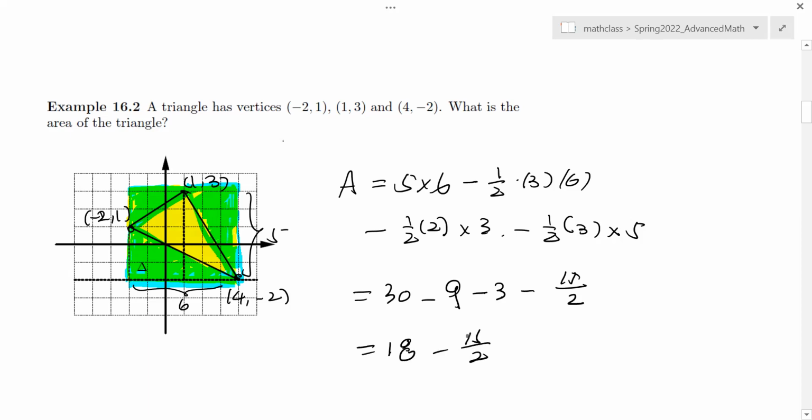Finally, it's going to be 21/2. So that is the answer: 21/2. Just use subtraction. Got it? You can use a trapezoid to cover it, or you can use a rectangle to cover the triangle.